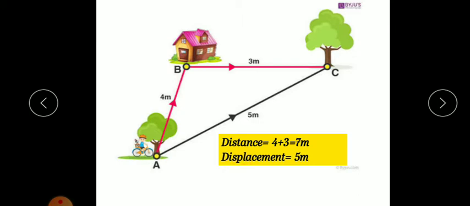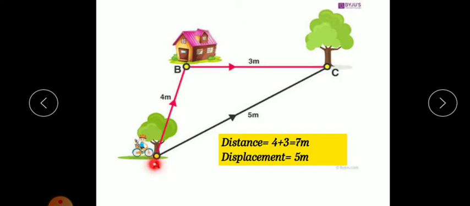So displacement tells the change in position of the object, while distance tells the length of the path traveled by the object. Here the change in position of the object is 5 meters, and the total length traveled by this child is 7 meters.